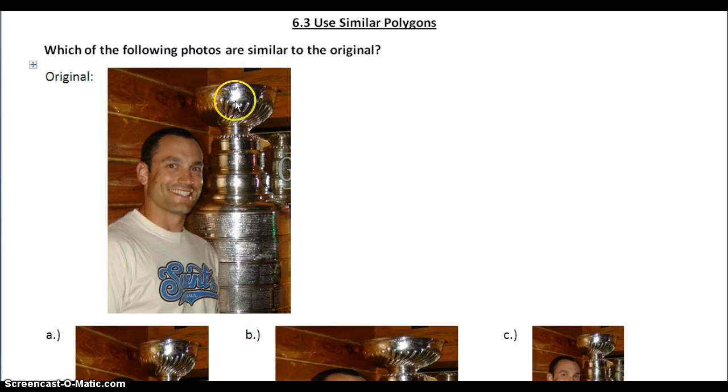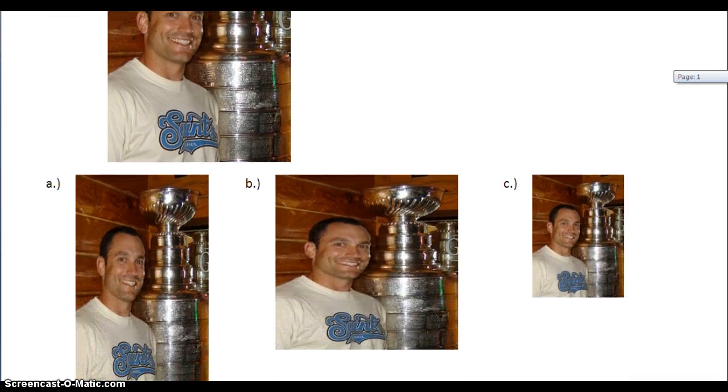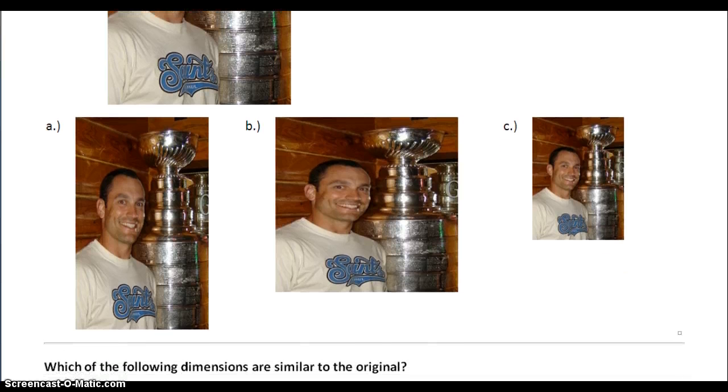In order to resize a photo, I'm going to want to keep the photo similar to the original. So if I look at my first three choices, A, B, and C, photo A has been resized. If you compare photo A to the original, the person in the photo is too skinny.